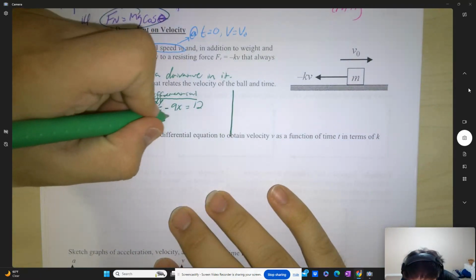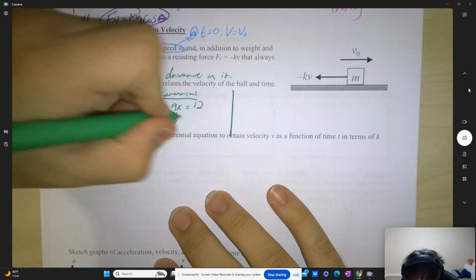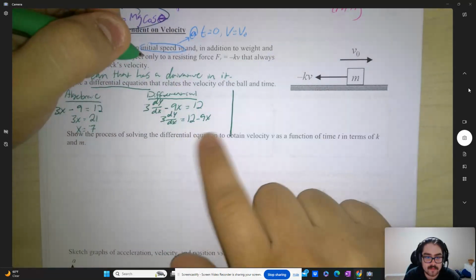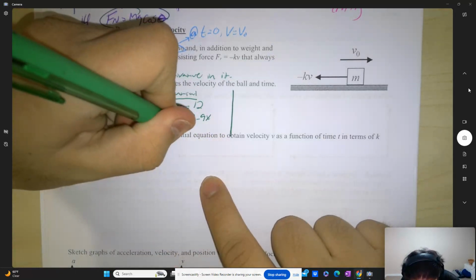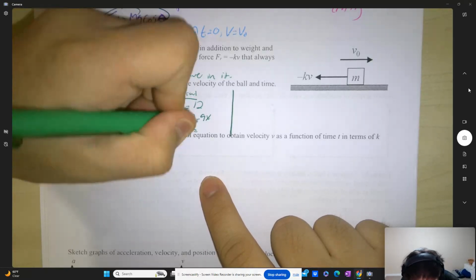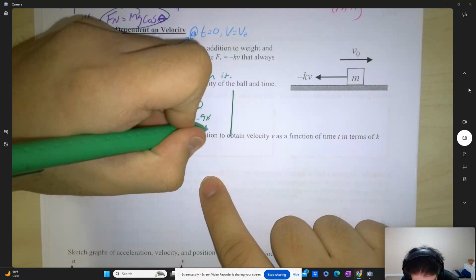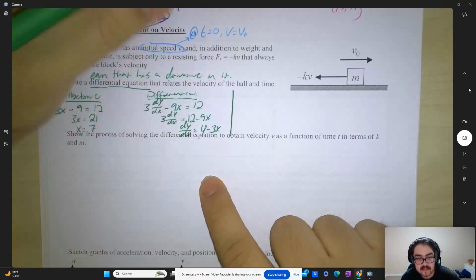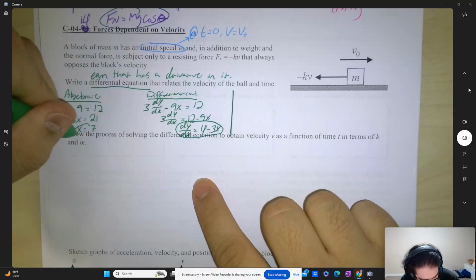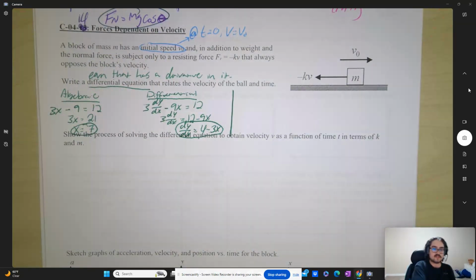You would get 3 dy over dx equals 12 minus 9x, and then divide both sides by 3 to see that you would end up getting dy over dx equals 4 minus 3x. And you notice that differential equations give you an expression, not a value, right? Algebraic equations give you a value. Differential equations give you an expression, okay?